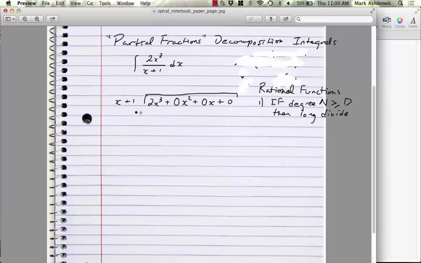But we're going to be subtracting, right? And our goal is we need to get a minus 2x cubed, right? So what do we need to multiply x by to get a plus 2x cubed? 2x squared, right? We're going to have 2x squared above x squared. So 2x squared times x is the 2x cubed, and 2x squared times 1 is 2x squared.